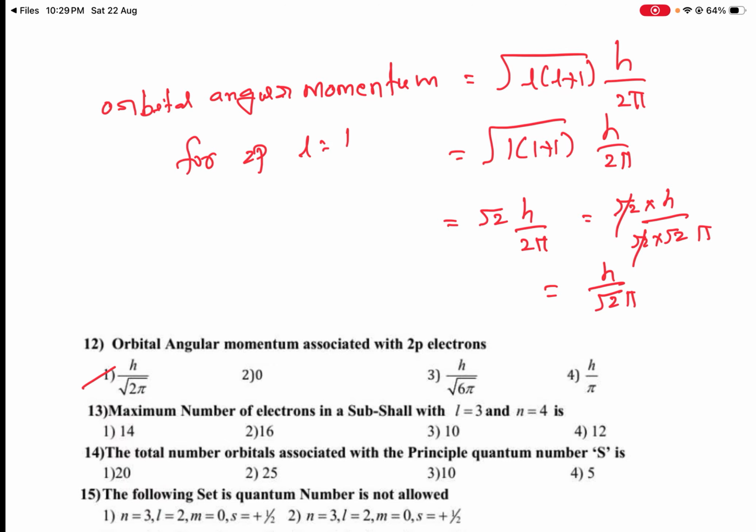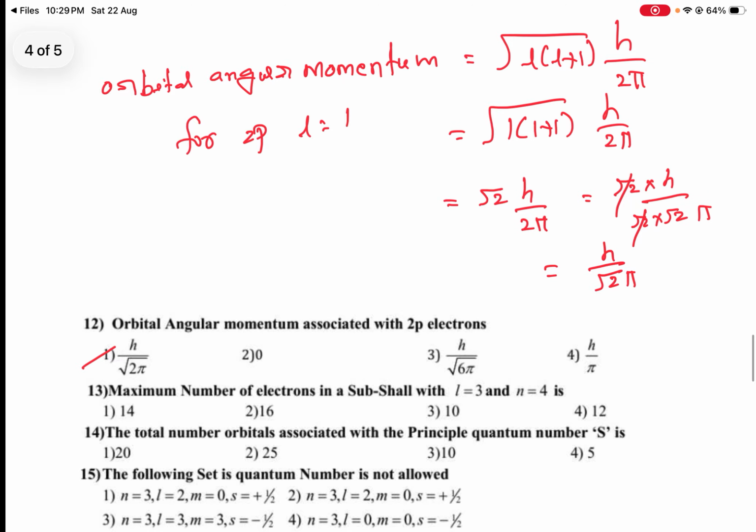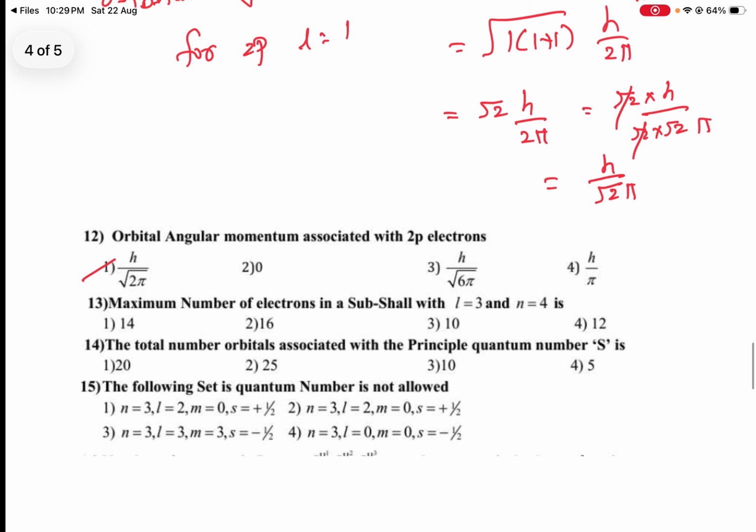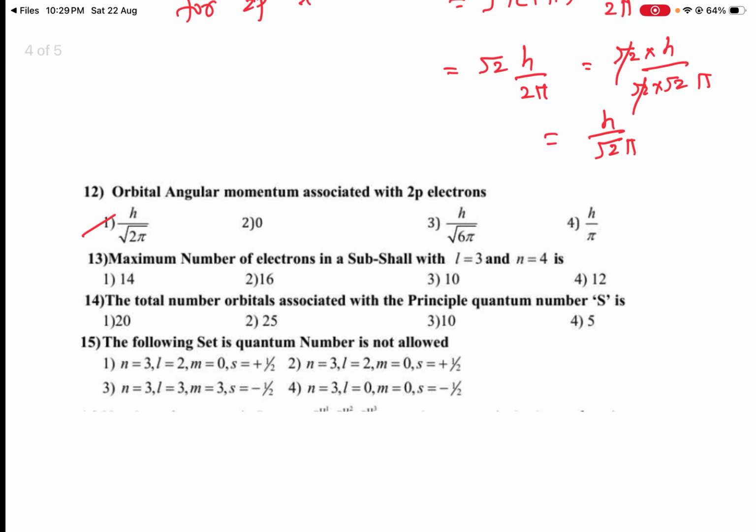Next, the maximum number of electrons in a subshell with L equal to 3 and n equal to 4. The 13th one. The formula is 2 into 2L plus 1, or 4L plus 2.